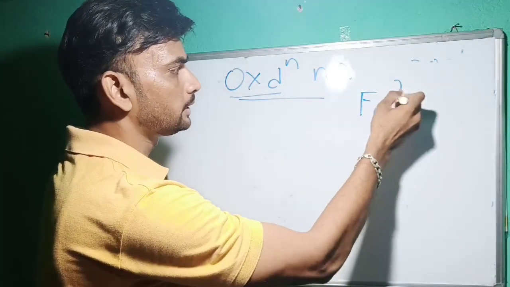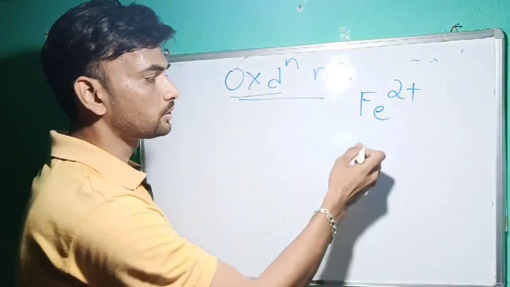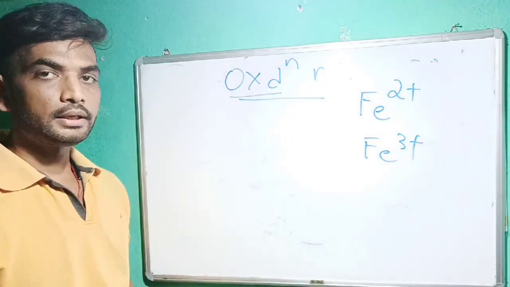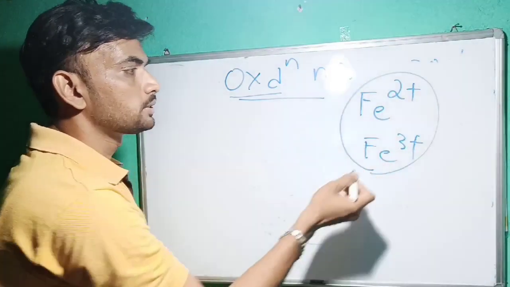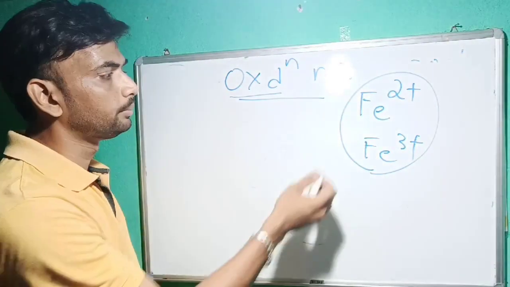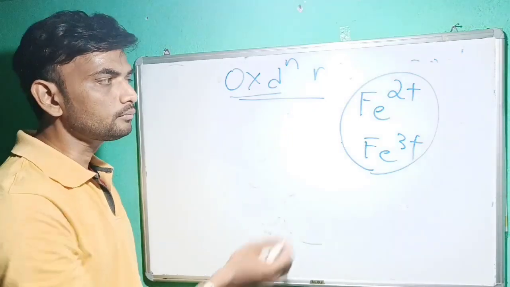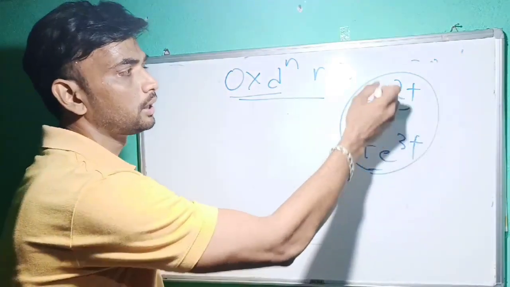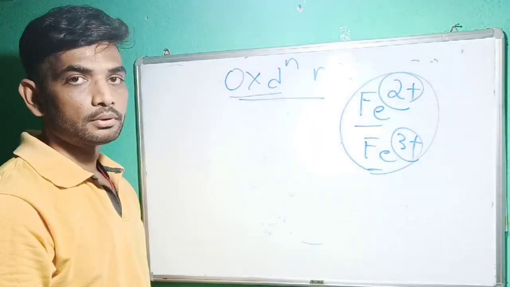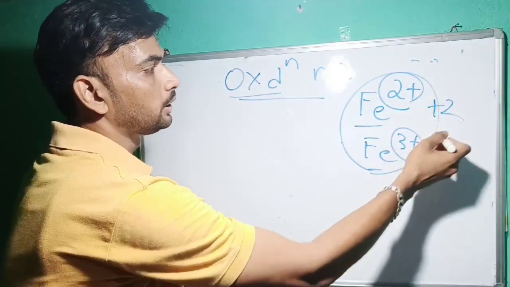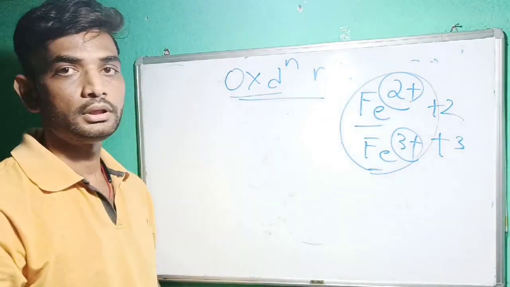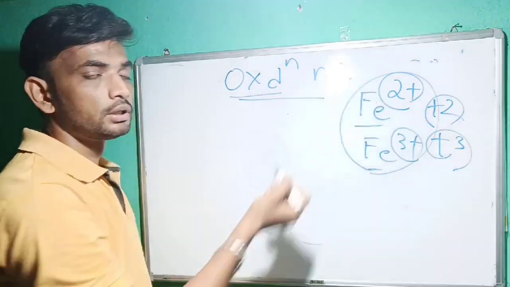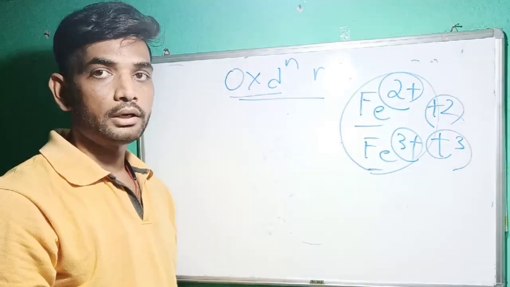If I write Fe2+ ion, ferrous ion, or Fe3+ ion, that is ferric ion, these two ions exist as lower valency or higher valency. Since there is some charge, 2 plus or 3 plus, you have to write it as plus 2 or plus 3 state. These are the oxidation state, oxidation number of the respective atoms.